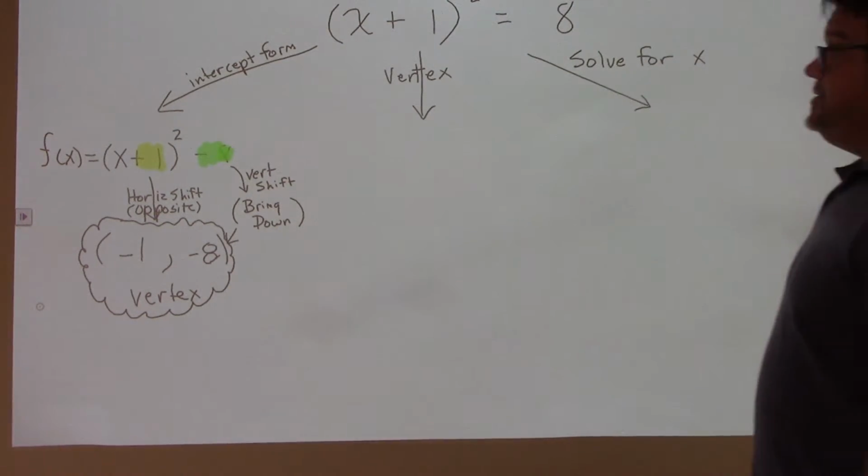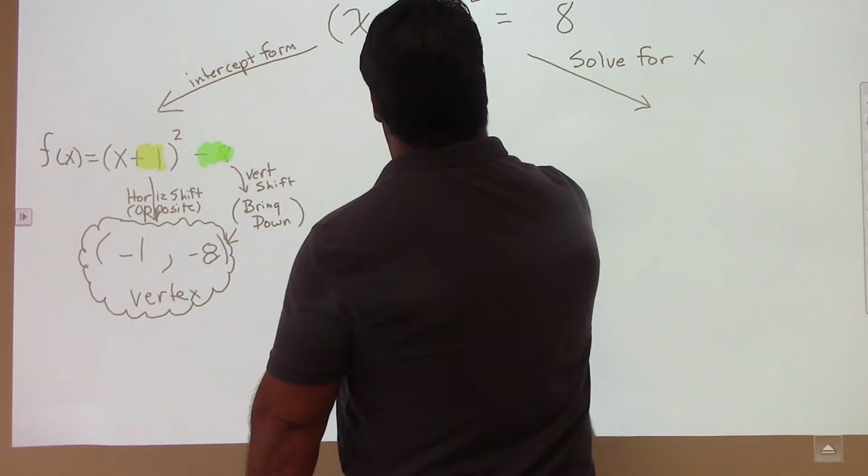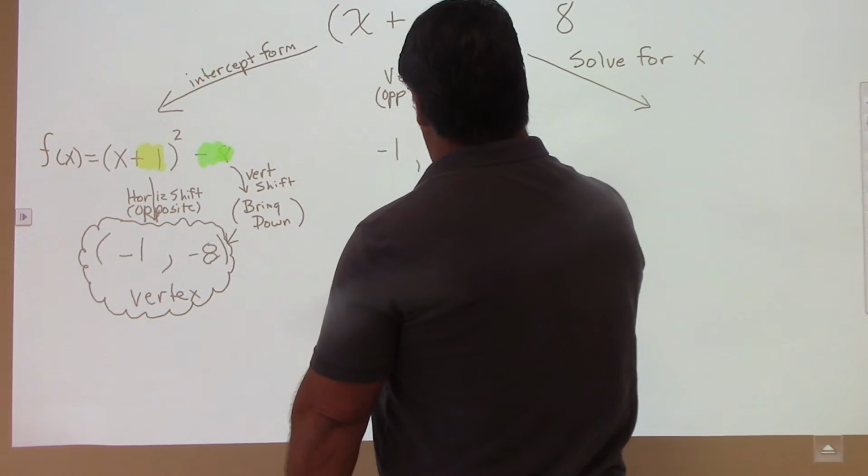Another way is to just take the opposite of both. What's the opposite of positive 1? What's the opposite of 8?